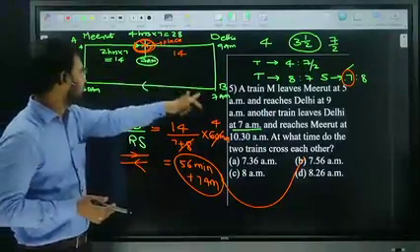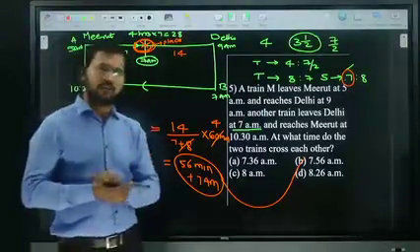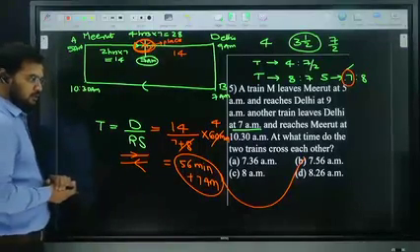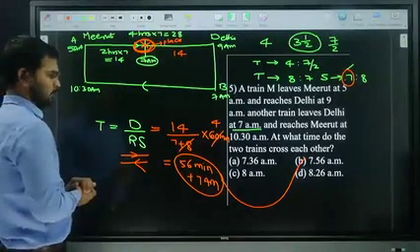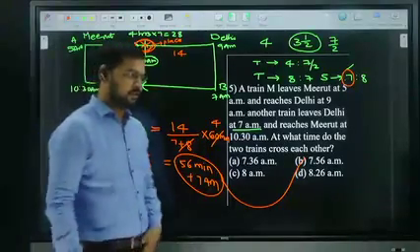To equate the timings, I moved the first train 2 hours before. Okay? Are you okay? Very good.